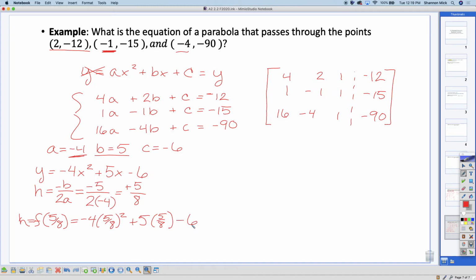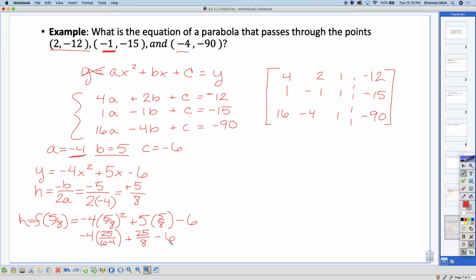This seems way harder. So I need to square 5/8. What is 5 squared? 25. What is 8 squared? 64. Plus, and then this is going to be 25/8, correct? Minus 6.